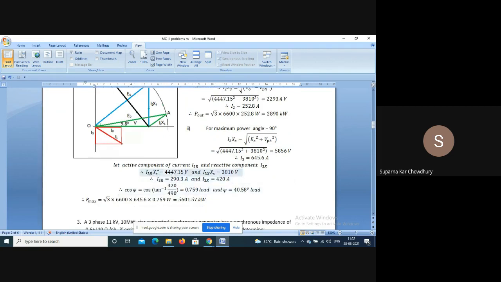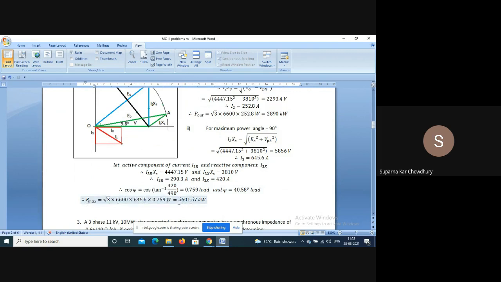Knowing these values, and XS is known, the resistive component and the inductive component can be calculated. From there we can calculate the angle phi. This is on this side, so the power factor is leading, 40.58 degrees, power factor is 0.759 lead.